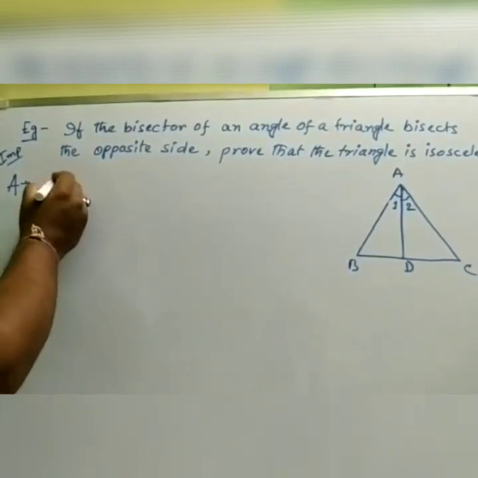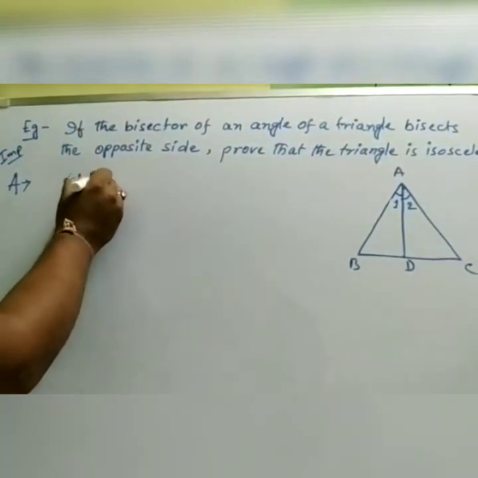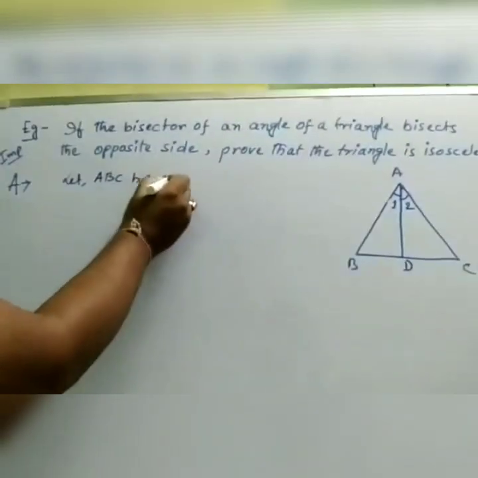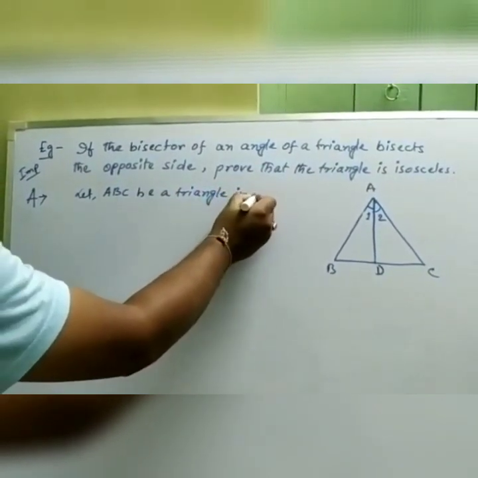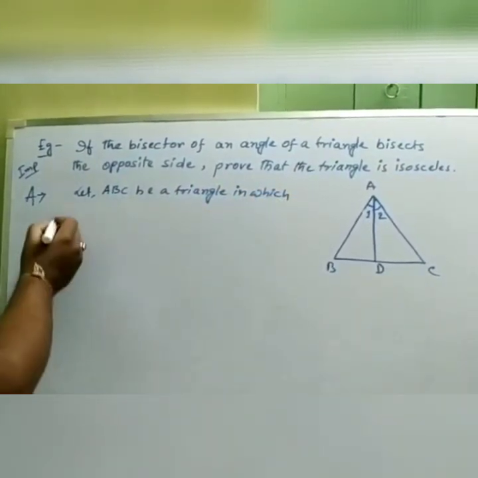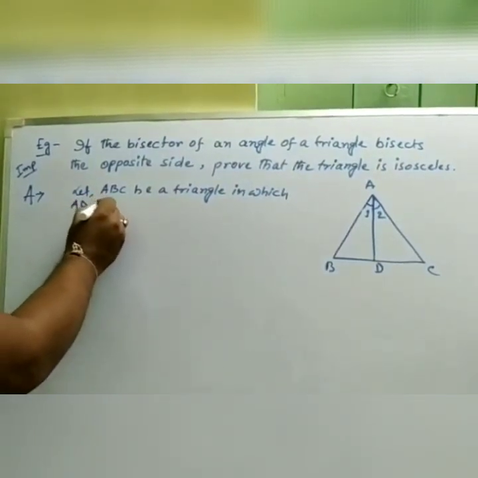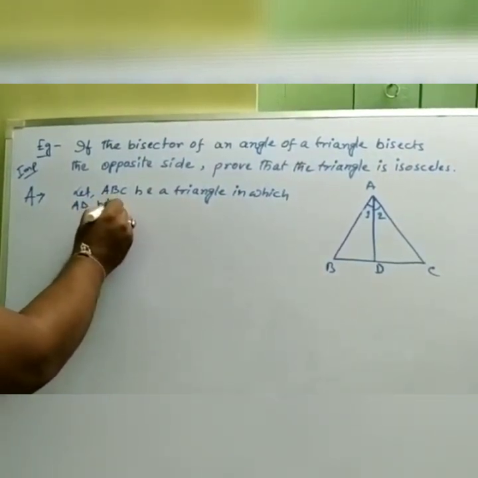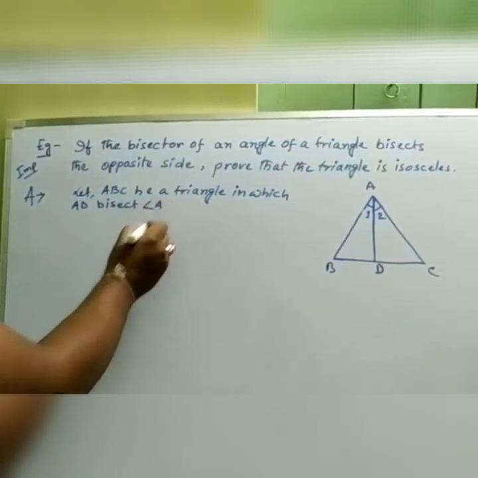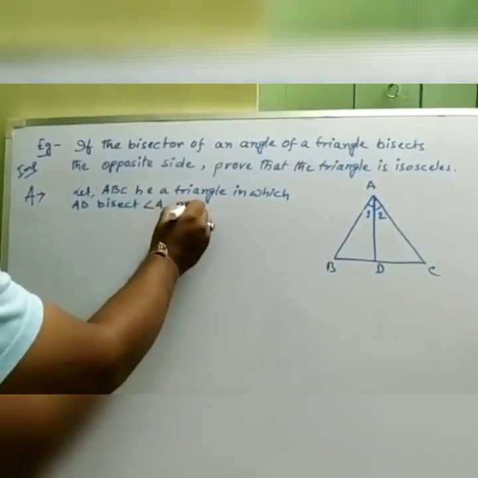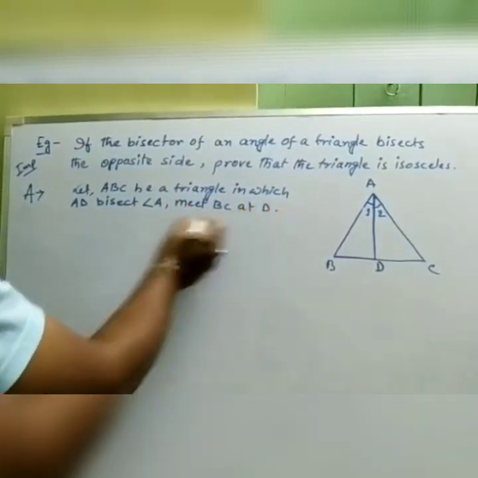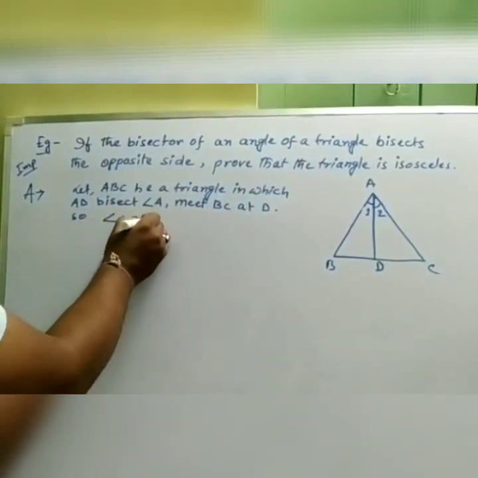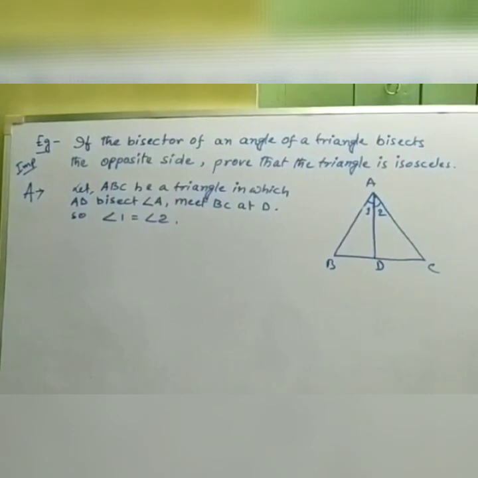So we write: let ABC be a triangle in which AD bisects angle A and meets BC at D. So angle 1 equals angle 2.